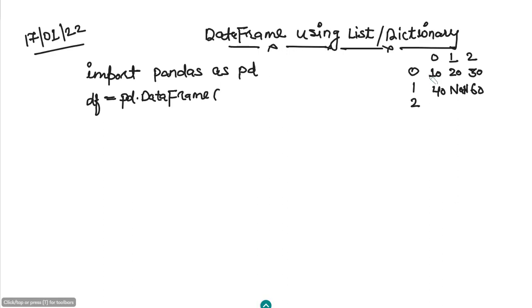So this value contains a null value, and same in the third row, that is index 2, we are having 70, 80, and we are having a null value, that is NaN. This is null value, right? So we'll create such a data frame.